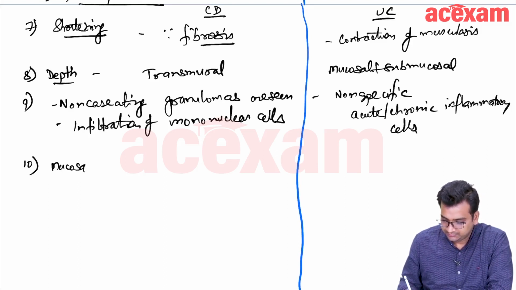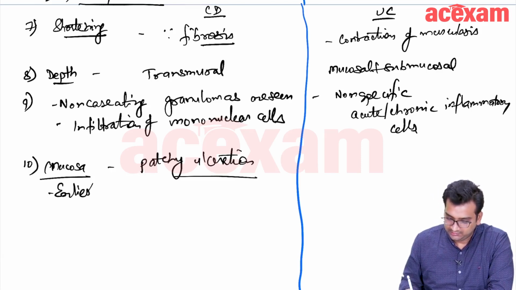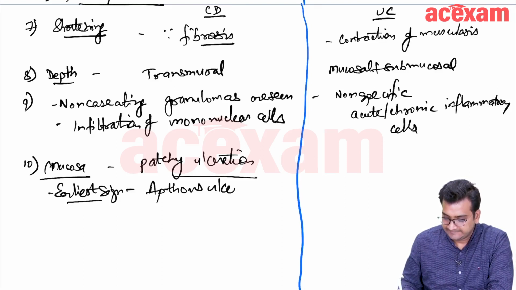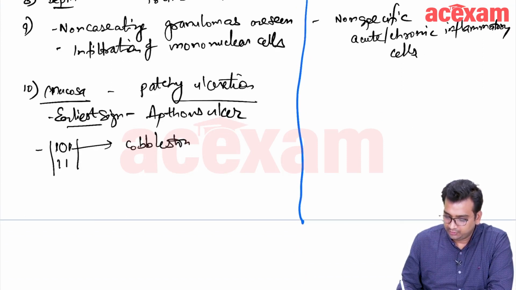In the mucosa there is presence of patchy ulceration. The earliest sign is aphthous ulcer, and there is presence of normal mucosa in between, which gives the appearance of cobblestoning, or cobblestone appearance.